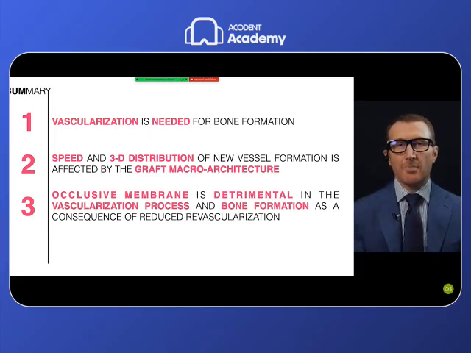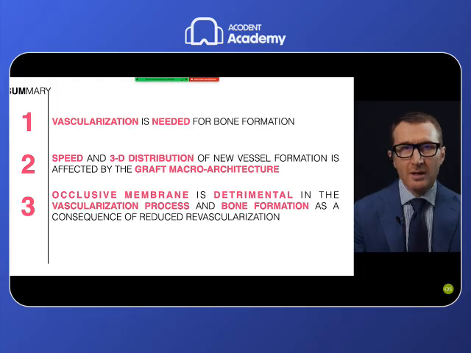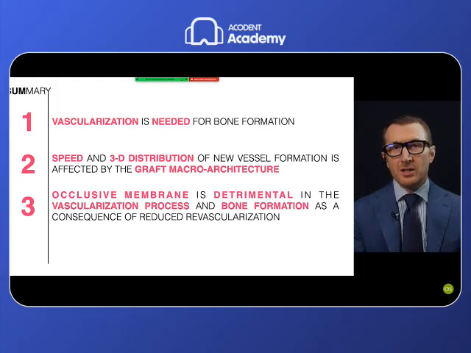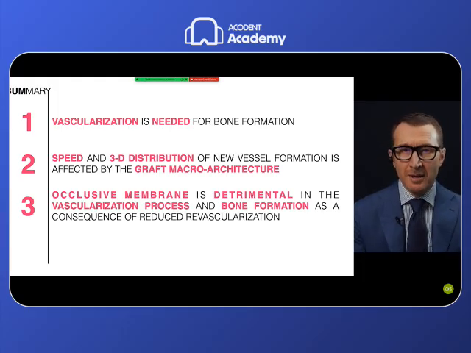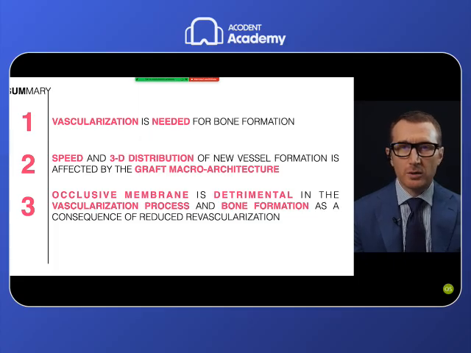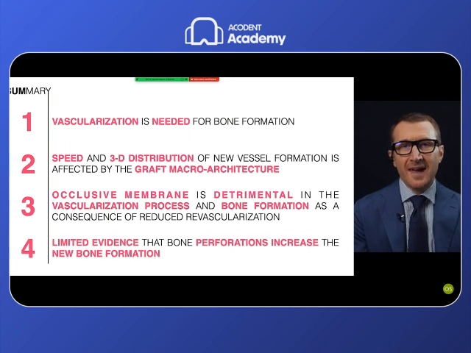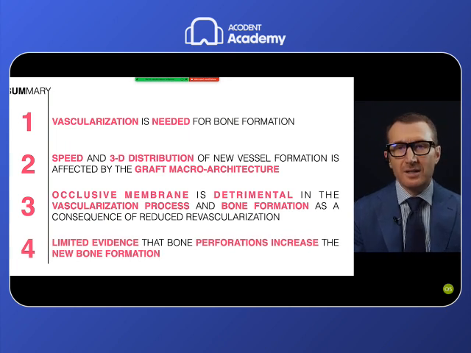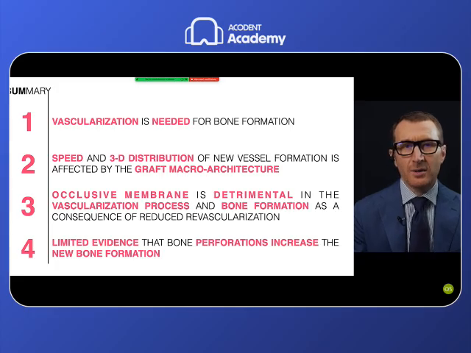It depends on the type of membrane we are using, but potentially, if we are not using a membrane, you let both sides, hard tissue and soft tissue, participate in the healing process. And then we still have limited evidence that bone perforation of the recipient site generates new bone formation.